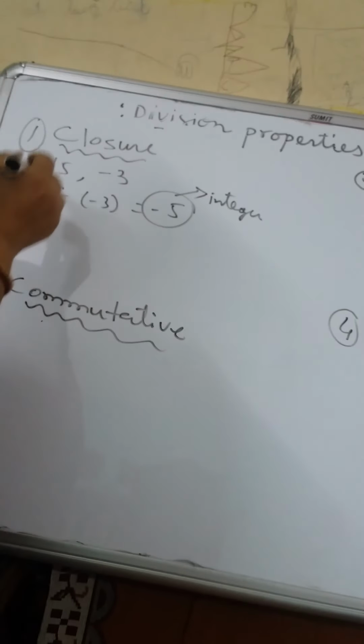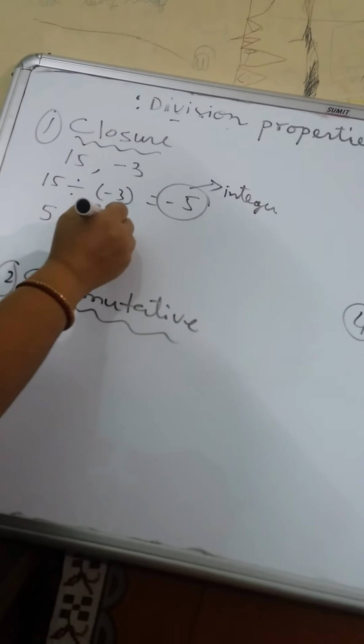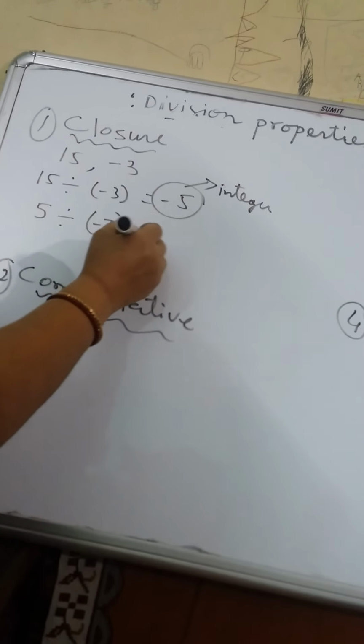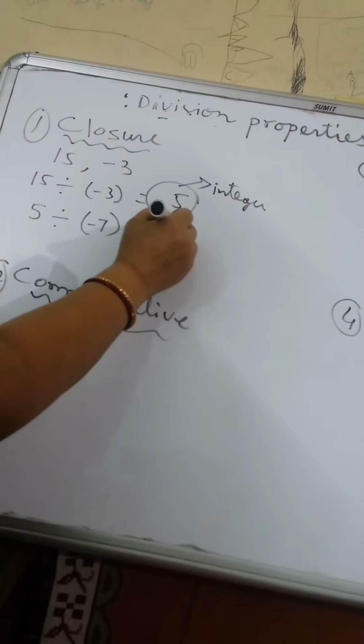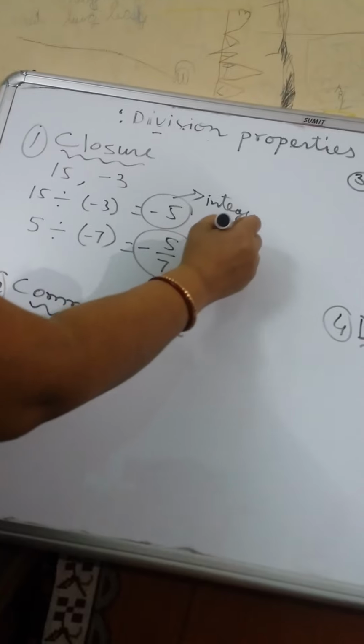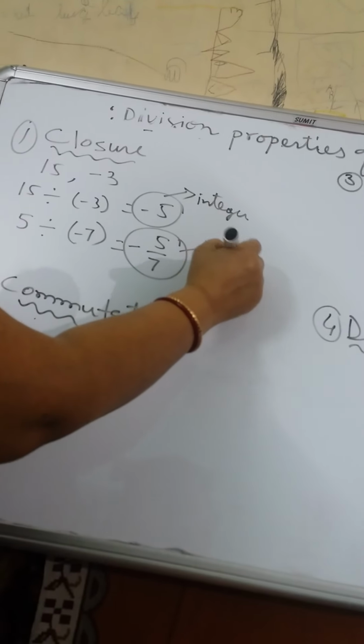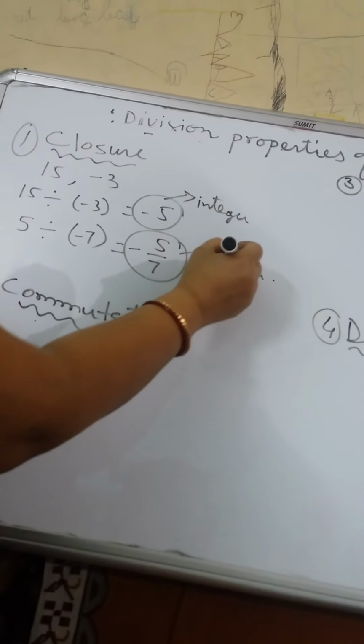If I divide 5 by -7, what will be my answer? -5 by 7, which is not an integer.